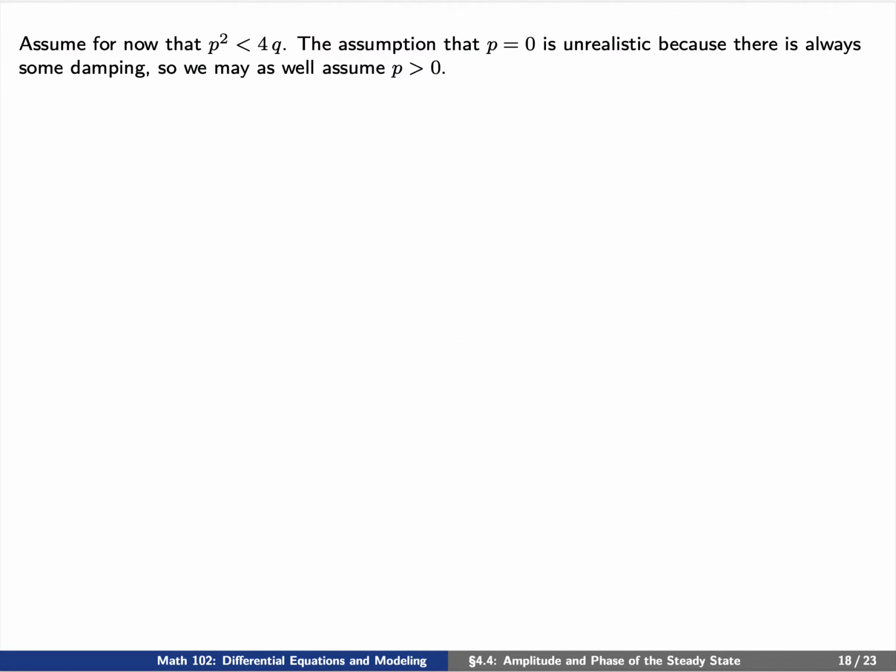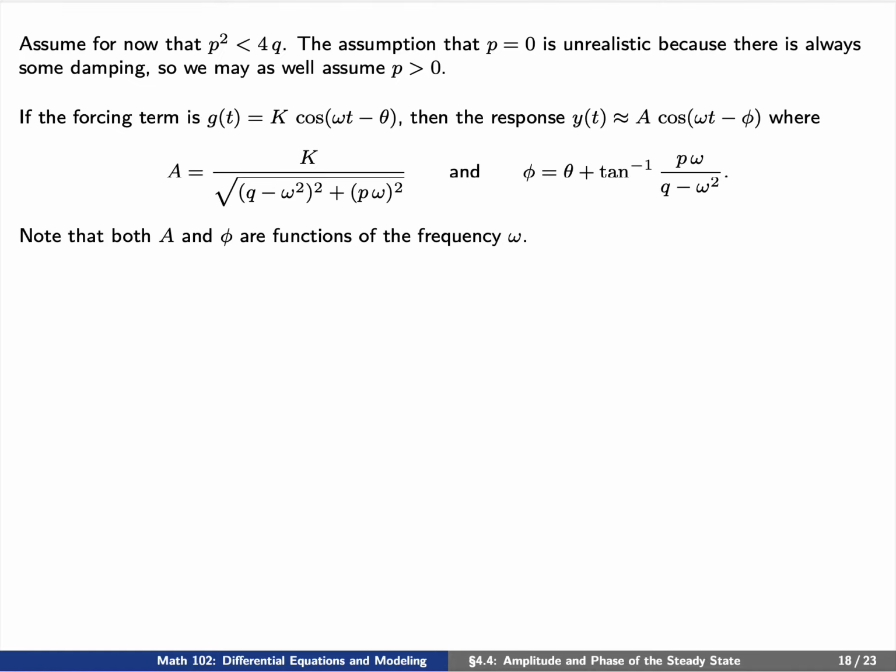Let's assume for now that our damping p is not too large, that is, p squared is less than 4q. However, we just can't assume that there is no damping, that is, p is equal to 0, because this is unrealistic. So we may as well assume that there's a little bit of damping, that is, p is greater than 0.